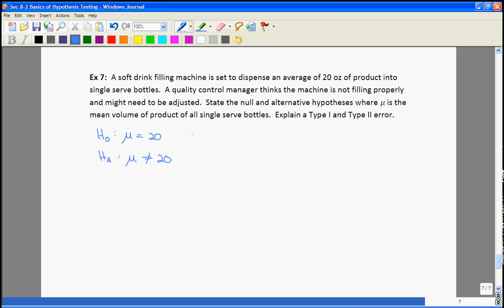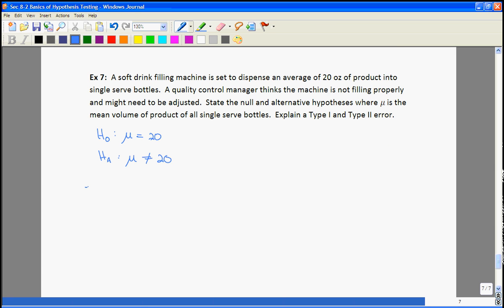The quality control manager is not saying if it's too much and it's not saying if it's too little. In both cases it would cause a problem. If it's filling too much, then we're wasting money because we're giving away free product. But if it's not filling enough, then our customers would be upset, and that would hurt business as well. So since we don't know, we just put not equal to.